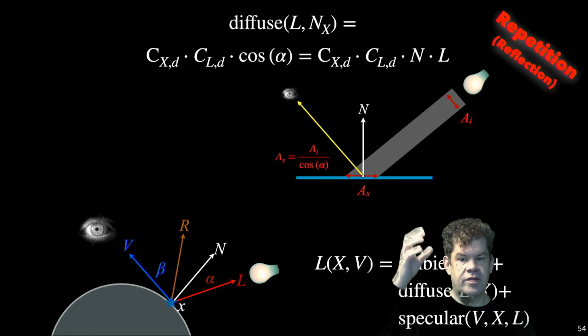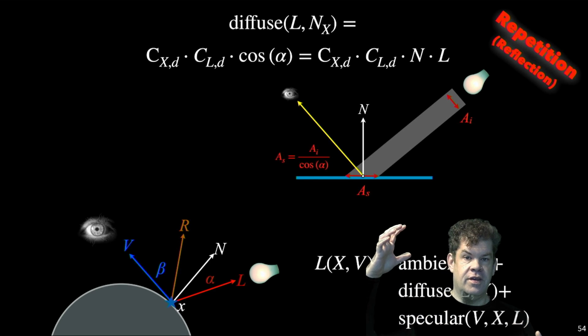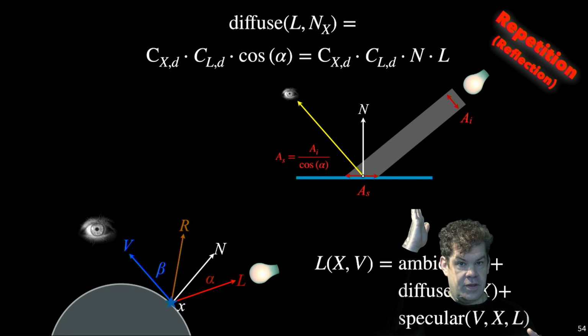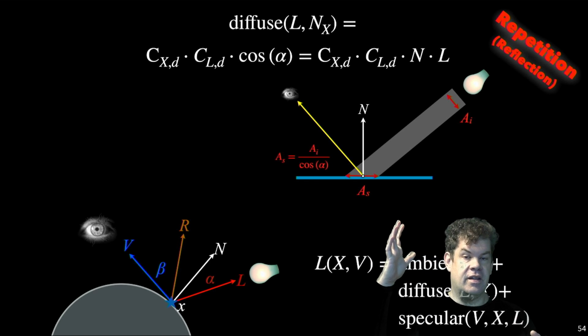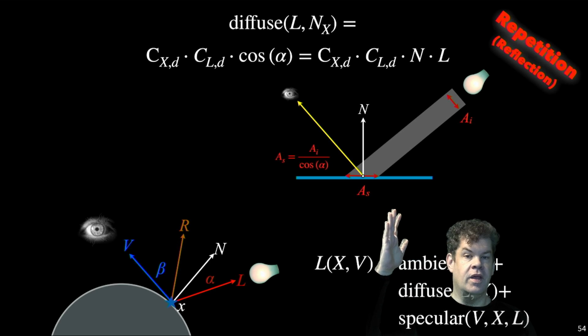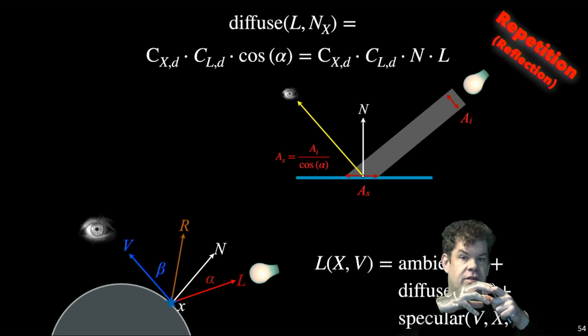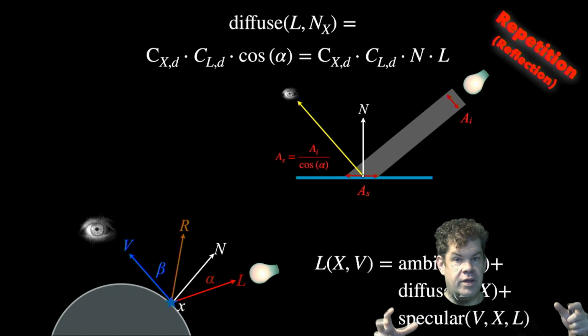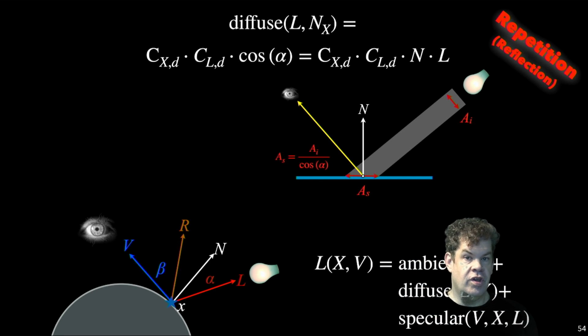The motivation, you can still see this here on top. Let's just repeat this briefly. The motivation is that the higher the angle is, so if you go from 0 degrees, where the incoming light direction is collinear with the normal, and you increase that angle up to 90 degrees, which is the maximum reasonable angle, otherwise you're below the horizon, then your energy that was sent out by the light source is spread over more and more area, leaving less and less energy for each point on the surface.